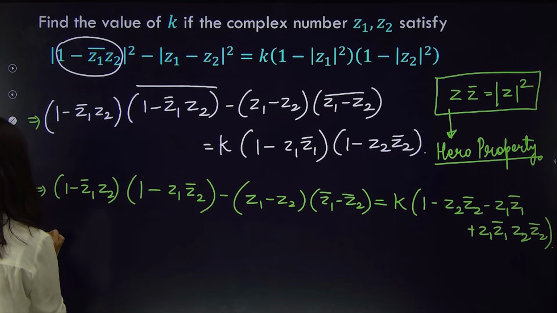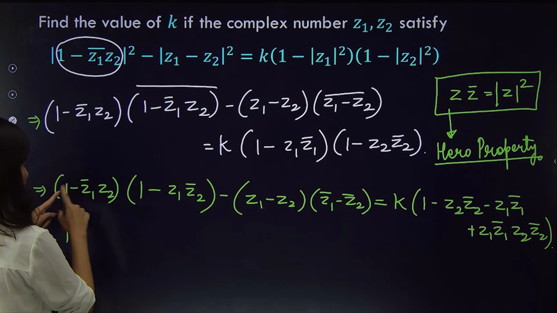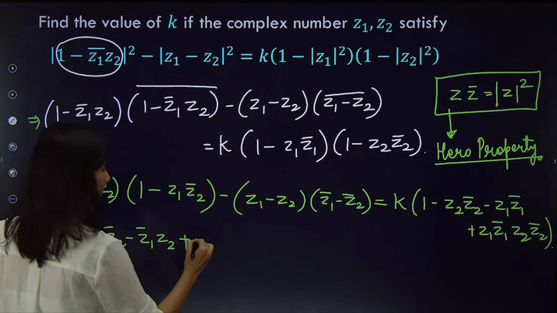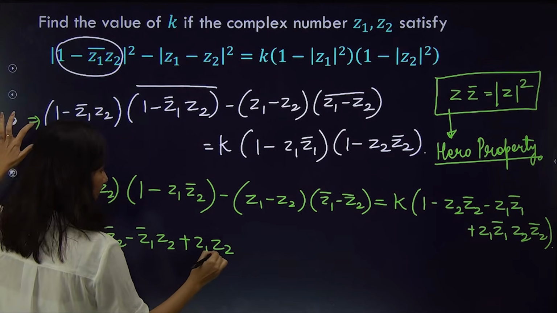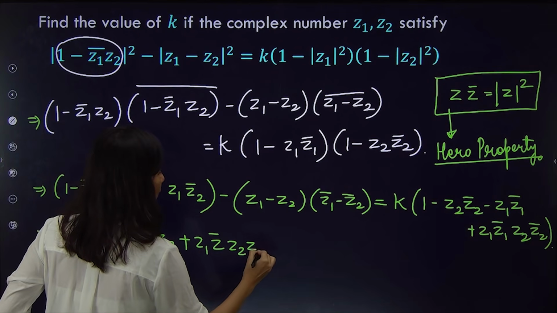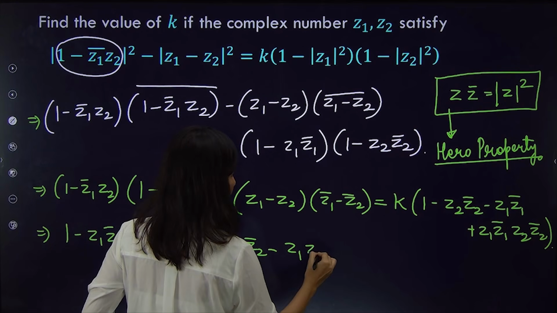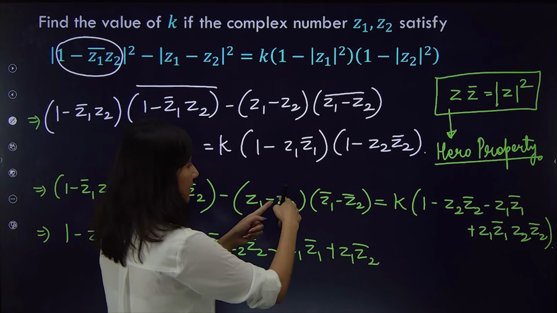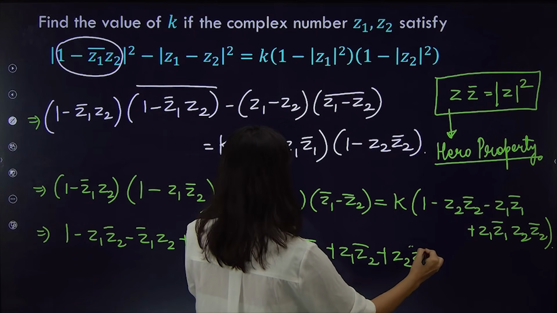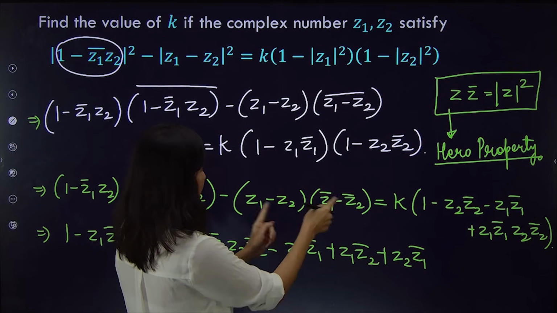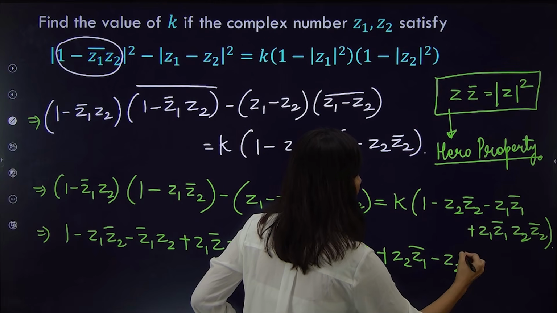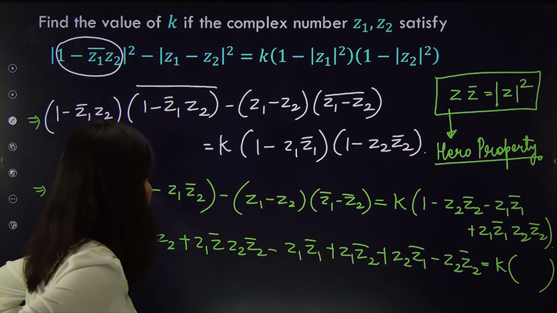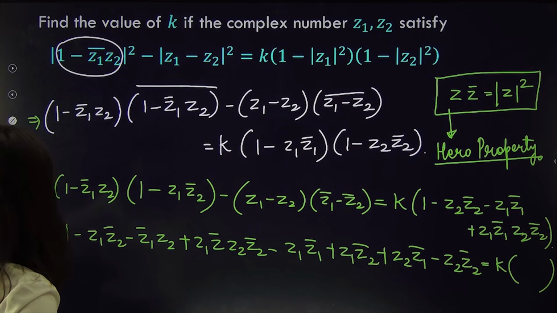Now let's multiply this as well. 1 minus z1 z2 bar minus z1 z2, plus z1 z1 bar z2 z2 bar minus z1 z1 bar, then plus z1 z2 bar, then plus z2 z1 bar, and last, this is plus with minus, so this is minus z2 z2 bar, equal to k times the whole of this thing. Perfect, this is your left hand side.